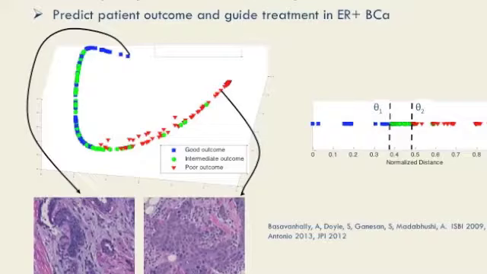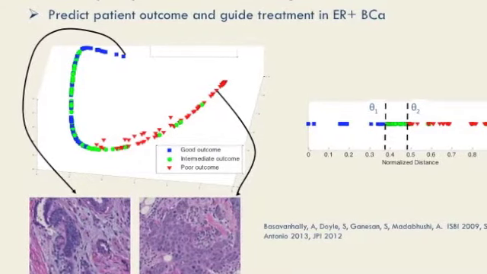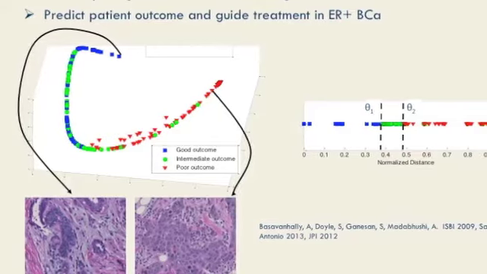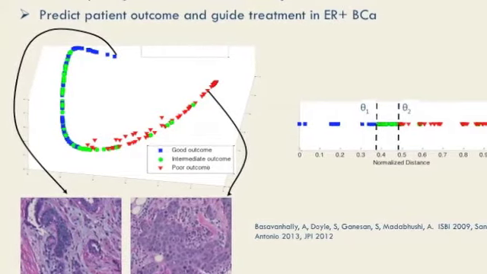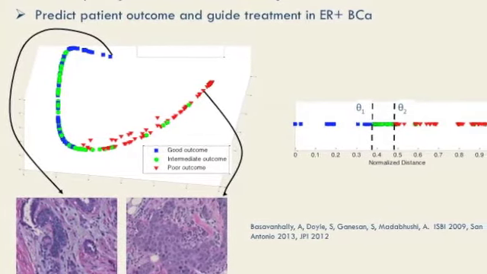Once we'd done the mapping, we said, okay, now let's go and unravel the Oncotype DX scores. We know that the Oncotype score can be low, which is good, intermediate, which is I don't know, and high, which is of course more aggressive. So we said, okay, let's give different colors: blue for the low scores, green for the intermediates, and red for the aggressive ones, and that's the result we get.